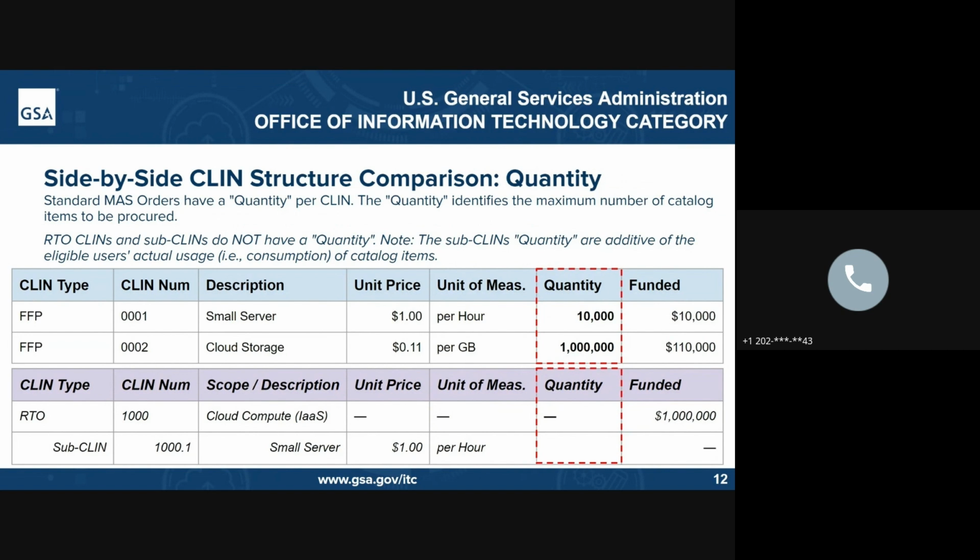The quantities will be additive based on your actual consumption or usage of that particular catalog item. So in this case, for the sub-CLIN, a small server per hour. Post-award, as you execute, that quantity number is additive during your period of performance and would be populated based on your actual consumption.